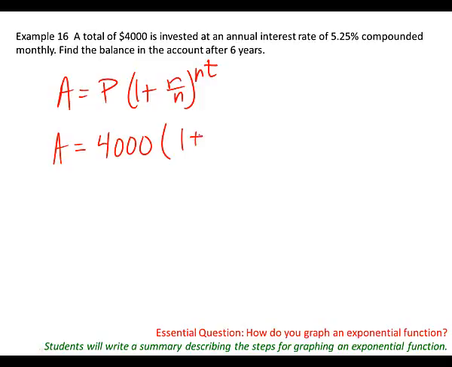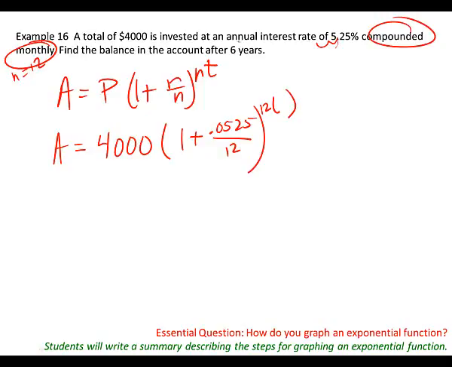Okay. 1 plus, what do we have to do for the rate? 2 decimal places, so what am I going to write down for that rate? Okay, good. How many compounds this time? It says monthly. So my n this time is 12, so that's going to change things a little bit on how we put it in the calculator. And then I have to do the 12. What's my years or my time? 6.